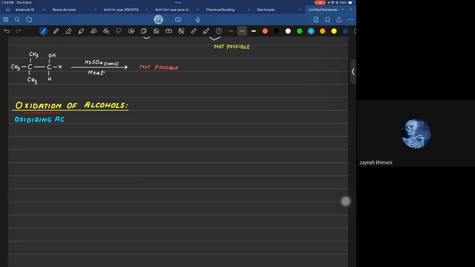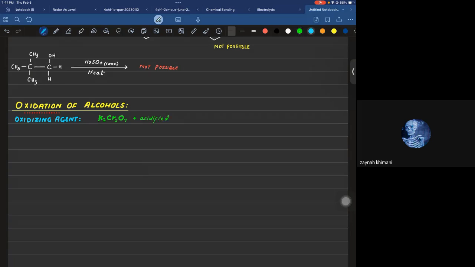Oxidizing agent, that is K2Cr2O7, which is potassium dichromate. Okay, but it should be acidified. I told you, acid is used as a catalyst.